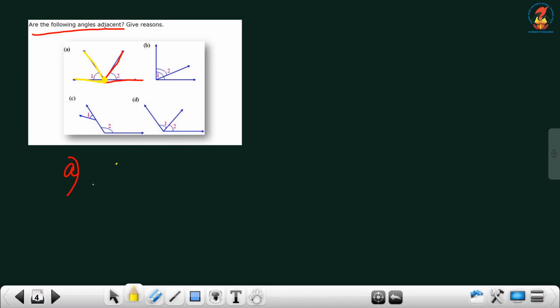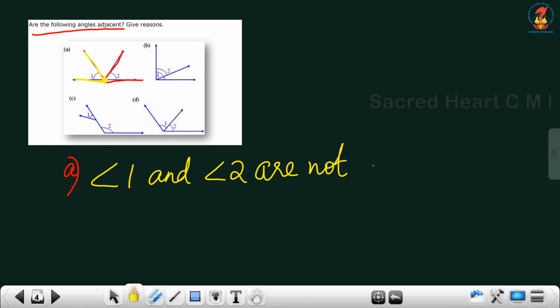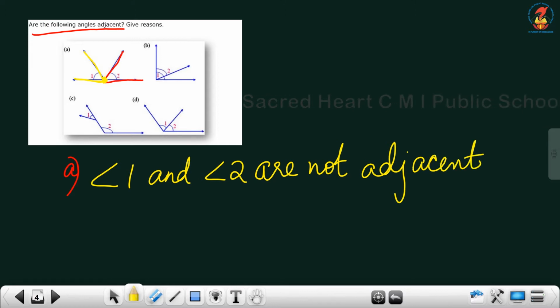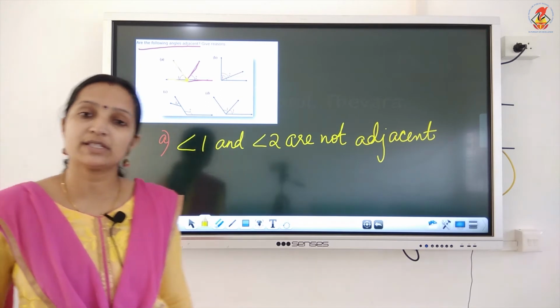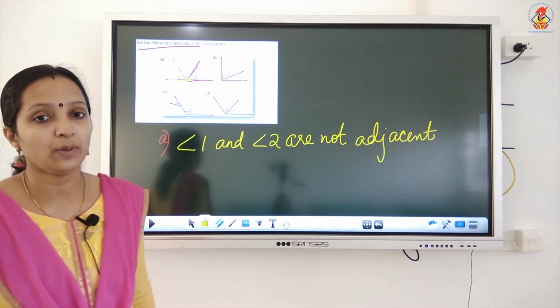So, we can say that angle 1 and angle 2 are not adjacent. What is the reason for that? Because they don't have a common arm.